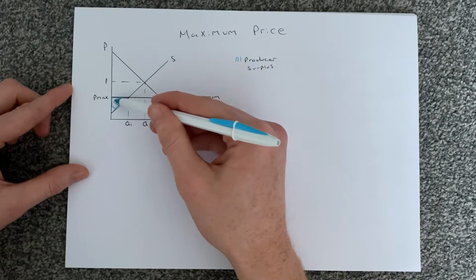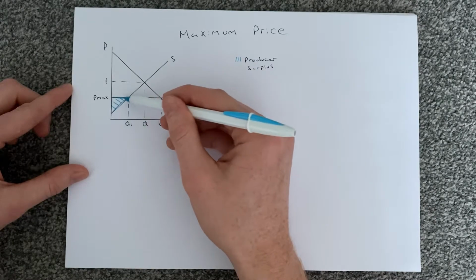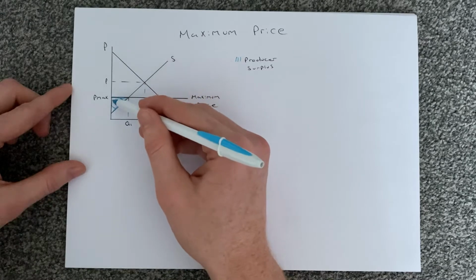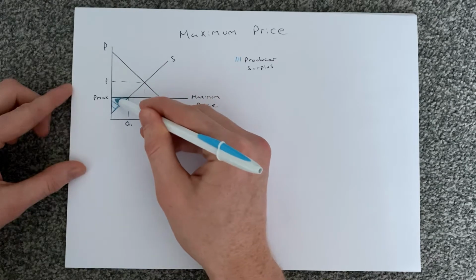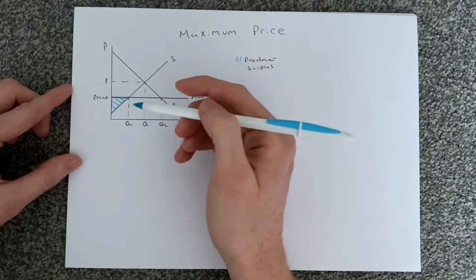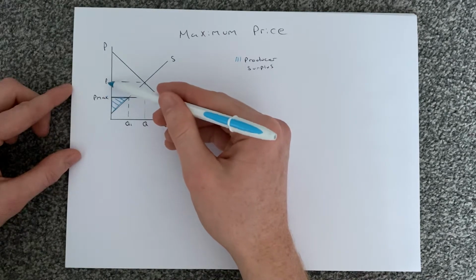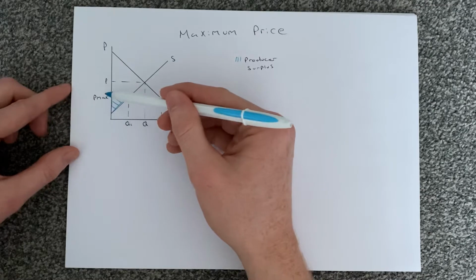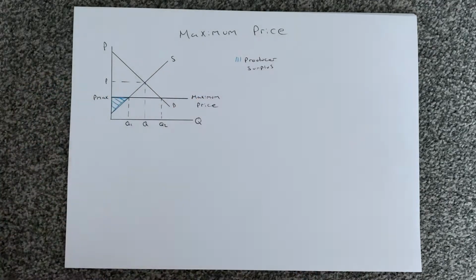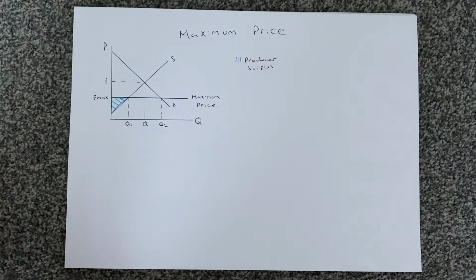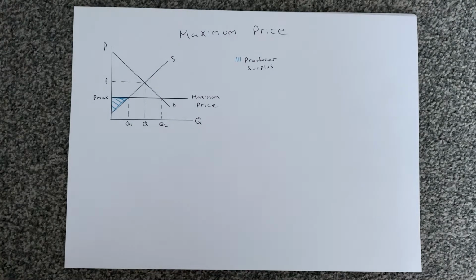So firms are only supplying a quantity Q1, so we see the producer surplus as this blue area. And the reason for that, just to reiterate, was that the price has fallen from P to P max, meaning fewer producers are willing and able to sell at that lower price of P max.